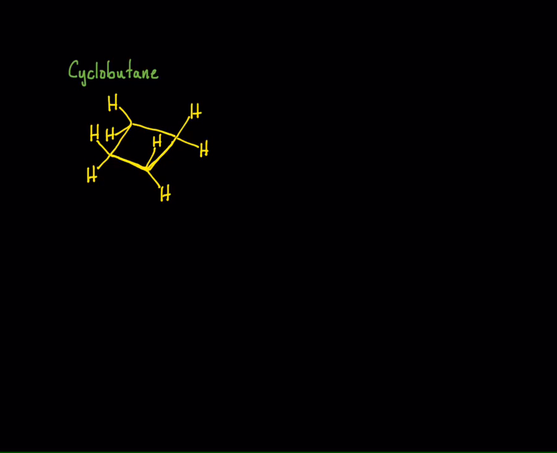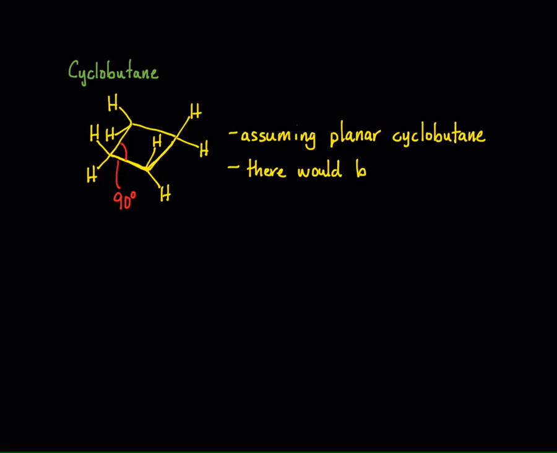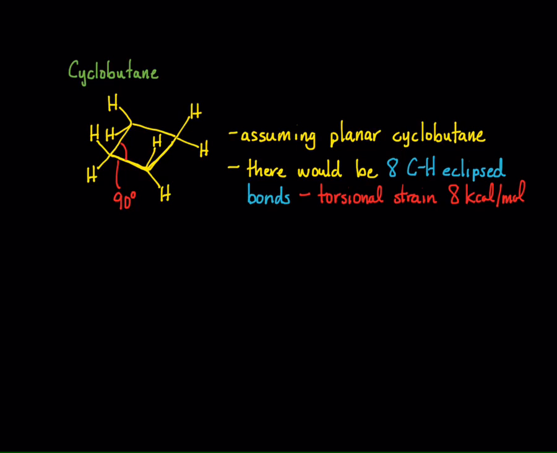I drew a little wedge there. And if we assume that cyclobutane is planar, then we would have a very similar situation to that of cyclopropane. And in all, there would be a total of 8 carbon-hydrogen eclipsed bonds. So we know that the torsional strain from that would be 8 kilocalories per mole.